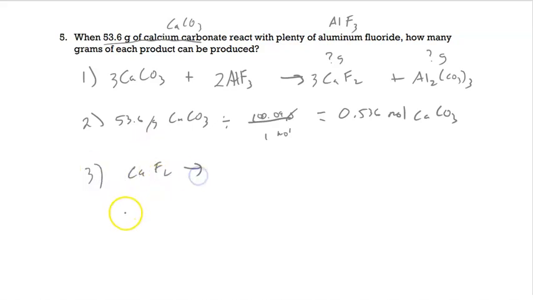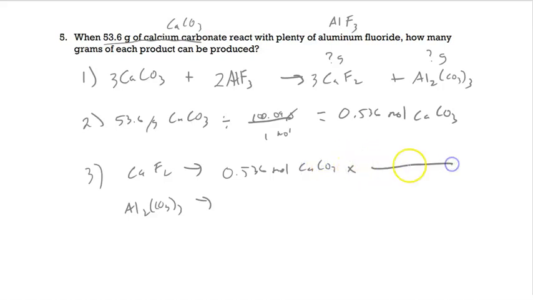CaF2 and Al2(CO3)3. We're going to multiply by our mole ratio, 0.536 moles CaCO3 times ratio CaCO3 to Al2(CO3)3, and we have a 3:1 ratio.